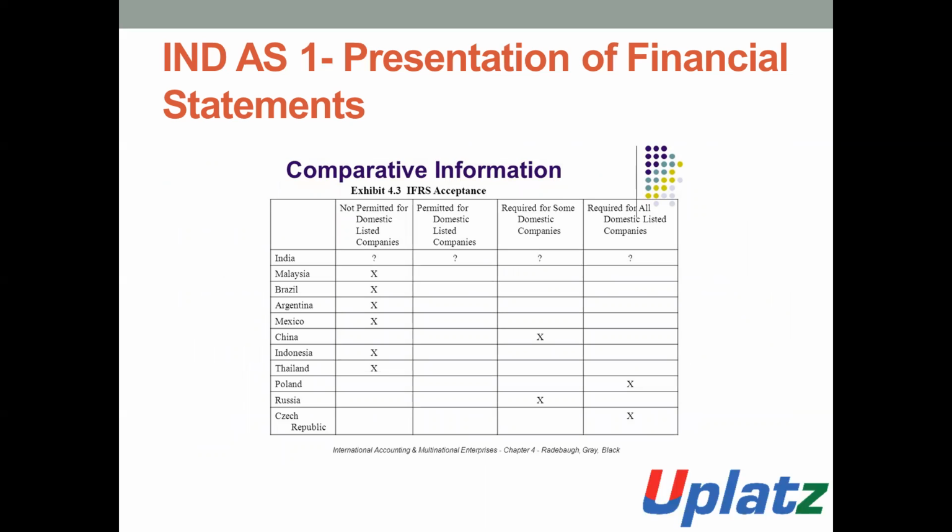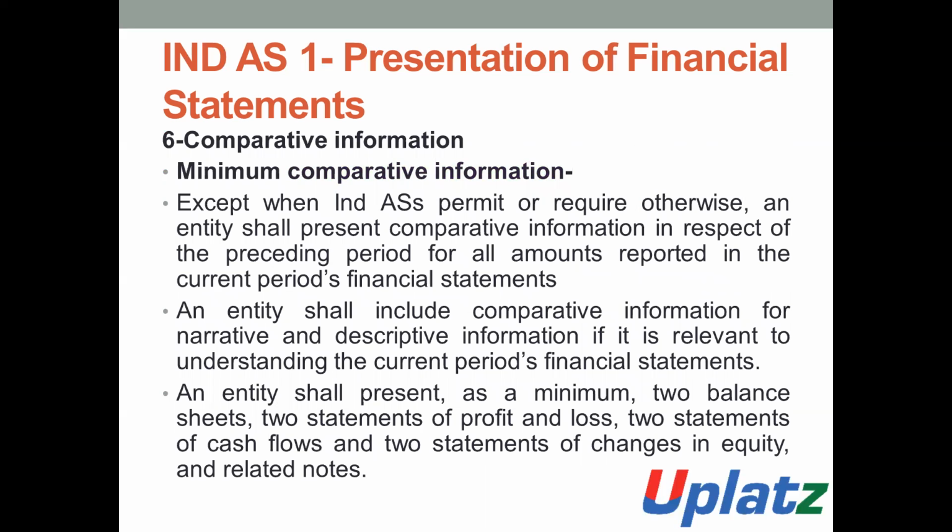Comparative information is presented in such a manner. What is the meaning of comparative information? Minimum comparative information. Except when IND AS permits or requires otherwise, an entity shall present comparative information in respect of the preceding period for all amounts reported in the current period's financial statements.